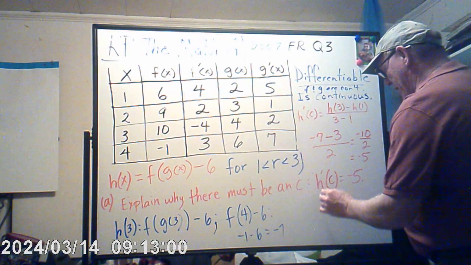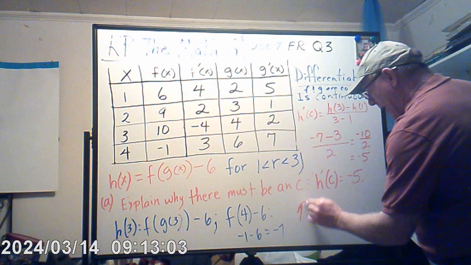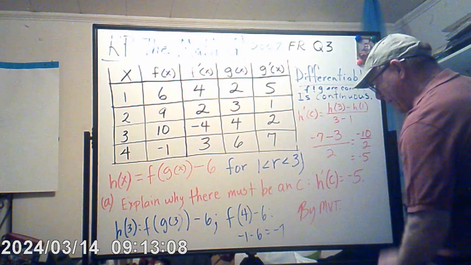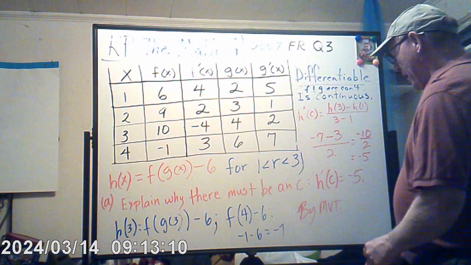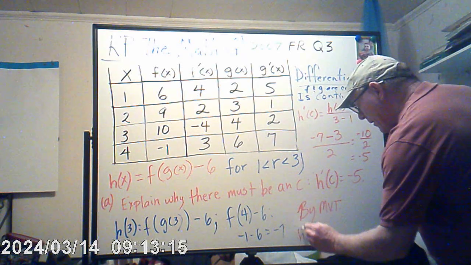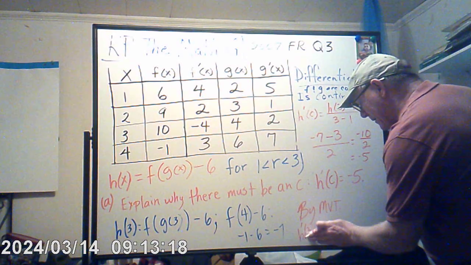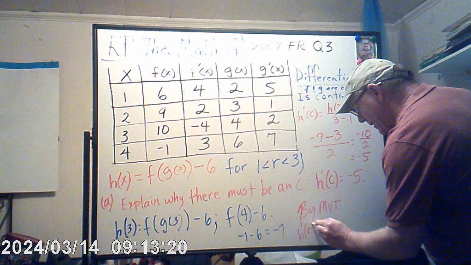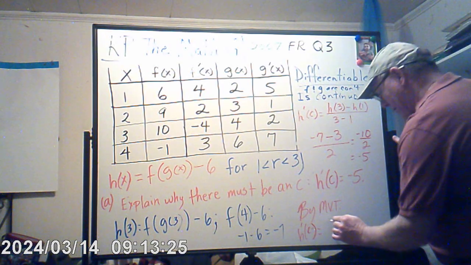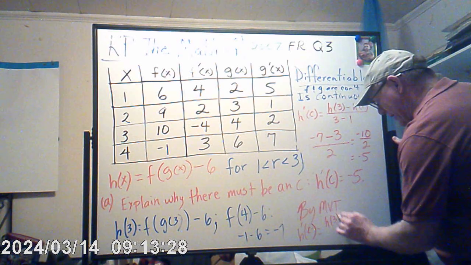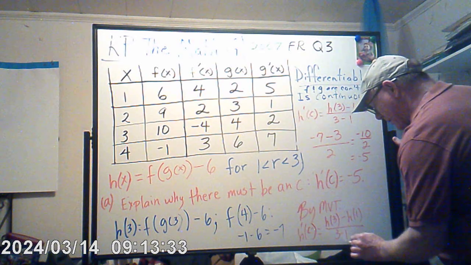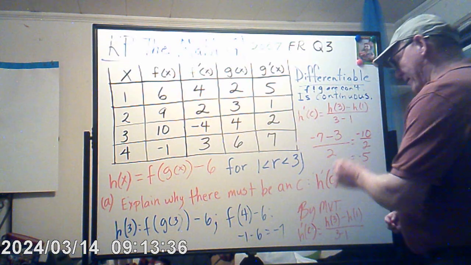But you want to say then by the MVT, you've got to have this in here somewhere in your explanation: h prime at c is equal to h at 3 minus h at 1 over 3 minus 1. That assures us that there is a c.